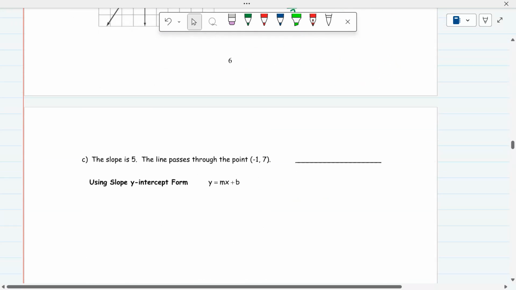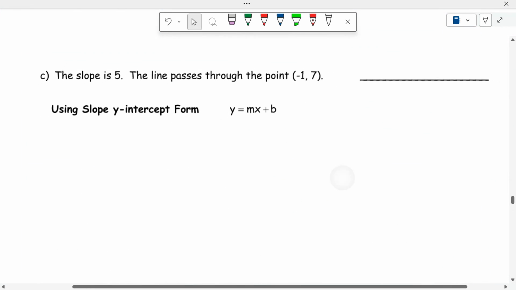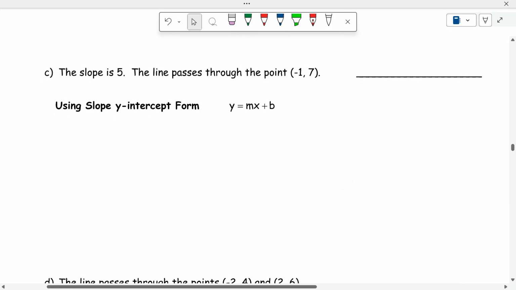All right, so here, this one says you have the slope, so you have what parameter? If I have slope, I have parameter m. But then it says your slope is 5, and then the line passes through the point (-1, 7). So which parameter am I missing to be able to just write the equation?